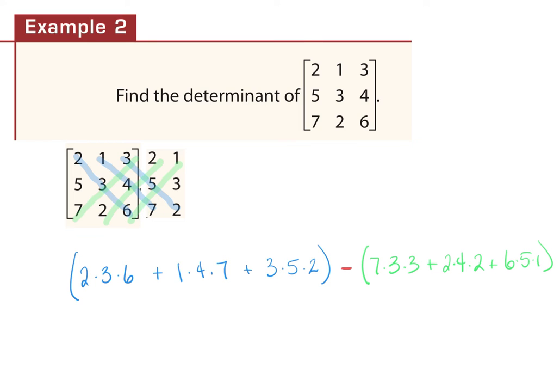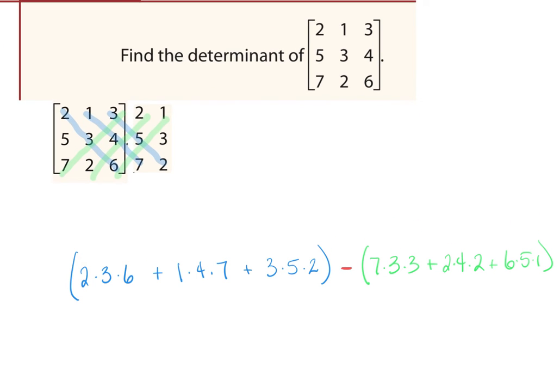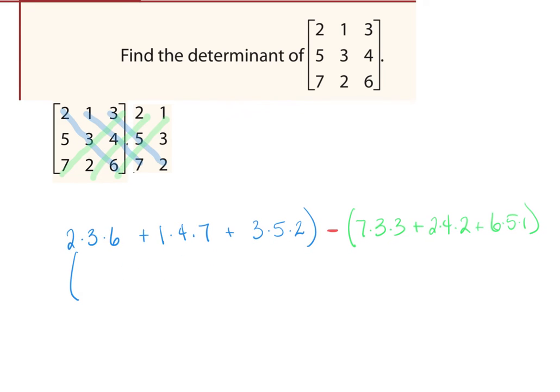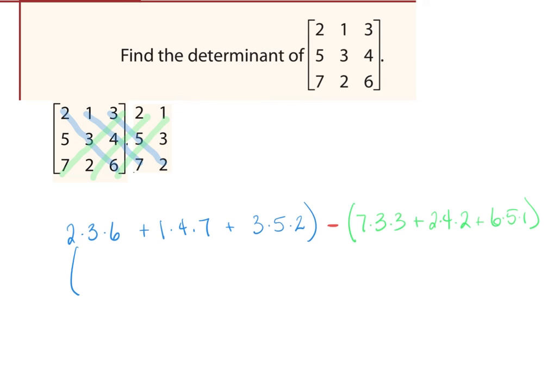All right, that's my first way of doing it. I can add them all up, multiply, and get my 3x3 determinant here.